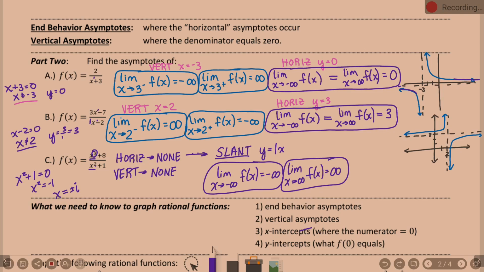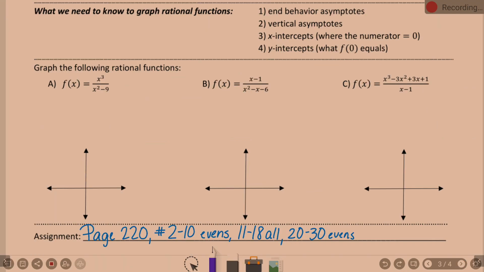Now, we're going to go down to the bottom, and we're going to talk about graph B, okay? We're going to graph this, for the most part, by hand, okay? In order to do this, there's 4 things up there we need to know. Let's work our way through this on part B. So first of all, number 1, we need to know end behavior asymptotes.